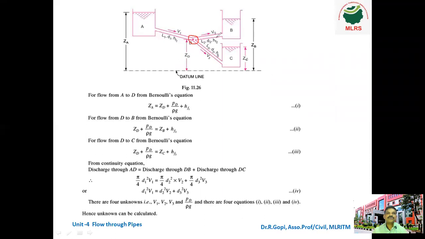V1, V2, and V3 are the corresponding velocities in the pipes. L1 is the length of the pipe from A to D, D1 is the diameter of the pipe, and hf1 is the loss of head due to friction in that pipe. Similarly for the second pipe and third pipe.